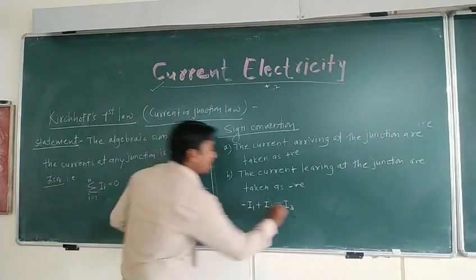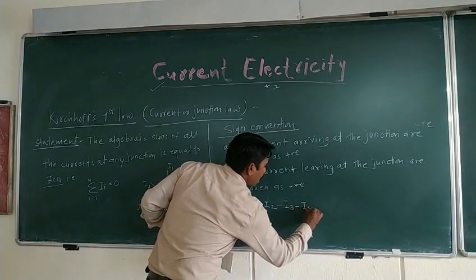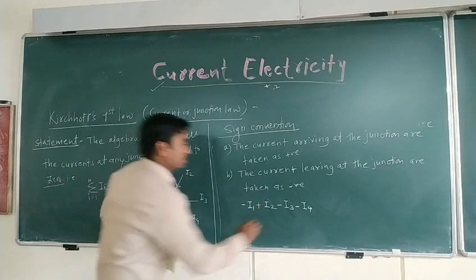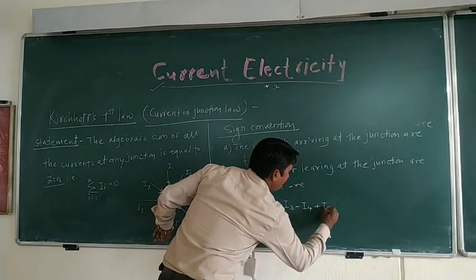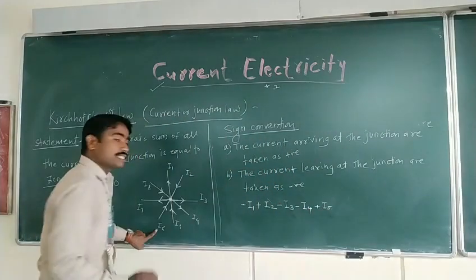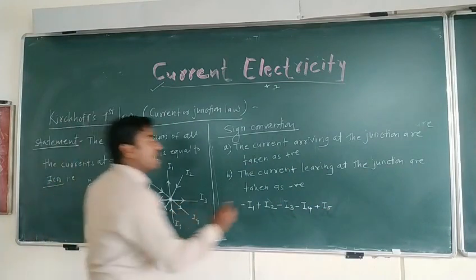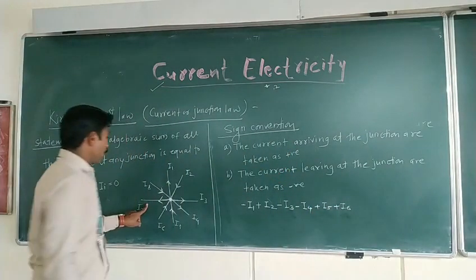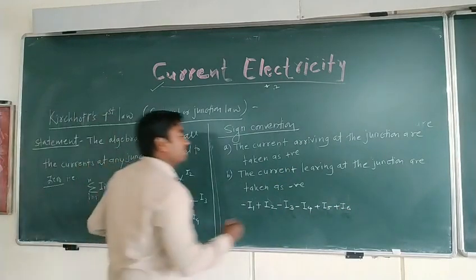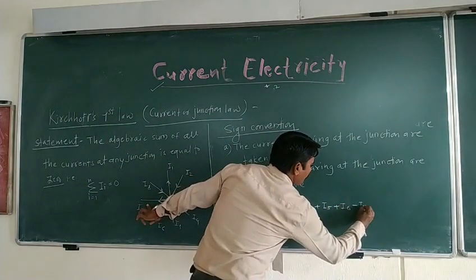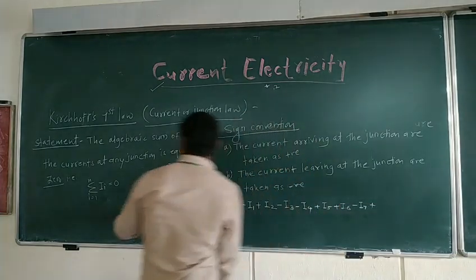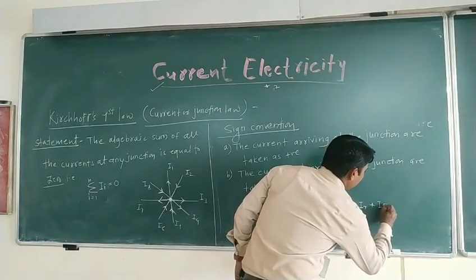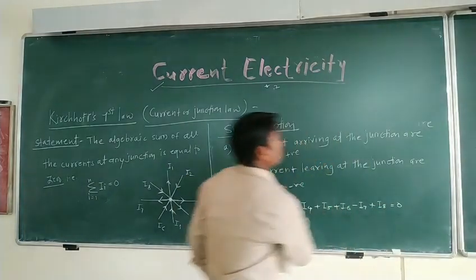Fourth, away from the junction, minus I4. Fifth, towards the junction, plus I5. Sixth, again towards the junction, plus I6. Seventh, away from the junction, minus I7. And the last one, towards the junction, plus I8, is equal to 0.